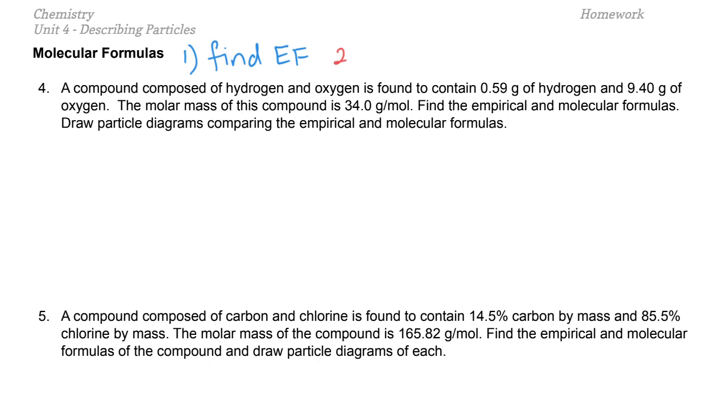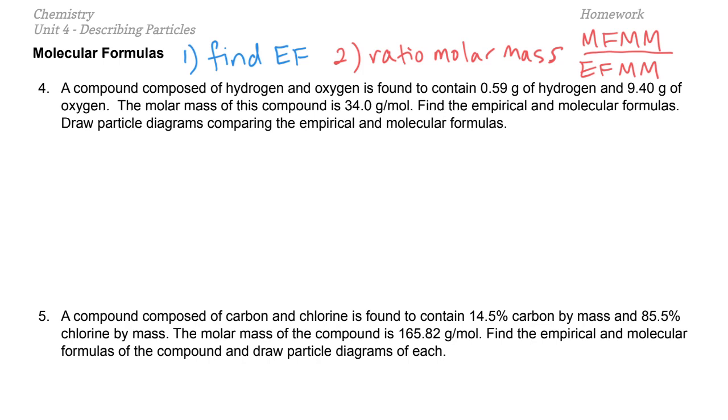And then the second step is to find the ratio of the molar mass of the actual molecular formula to the molar mass of the empirical formula. So the molecular formula molar mass, MF for molecular formula, MM for molar mass, divided by the empirical formula molar mass.